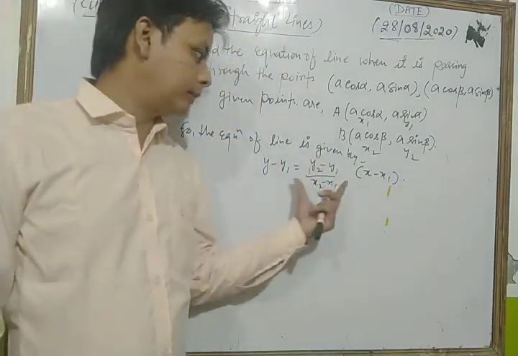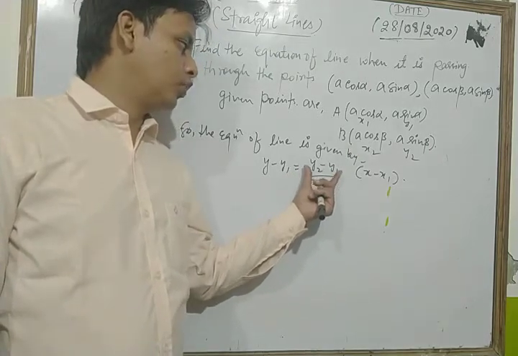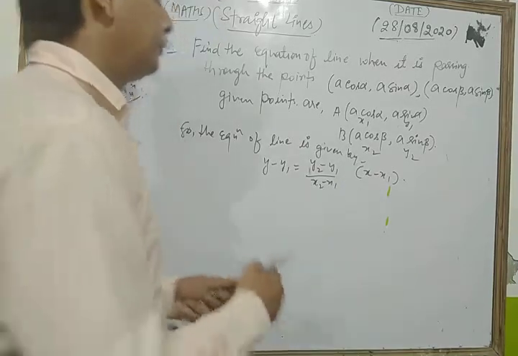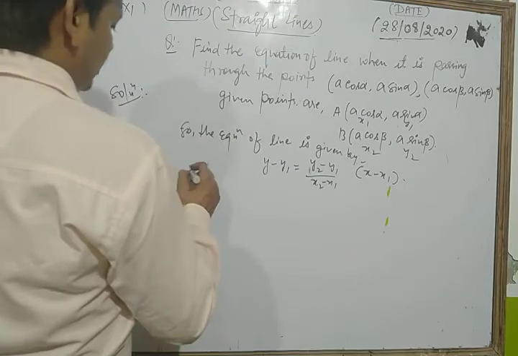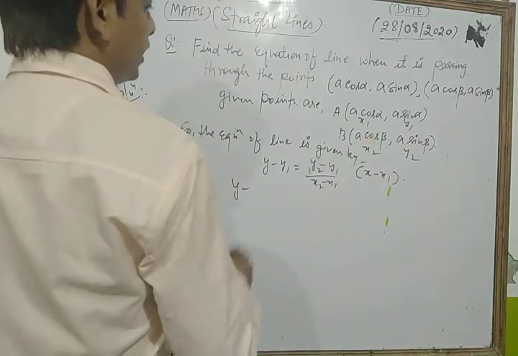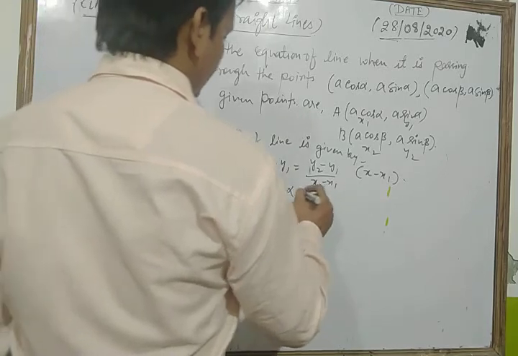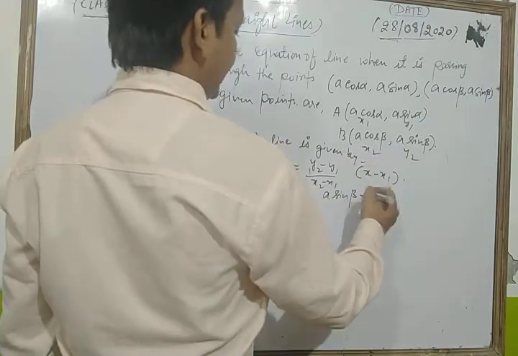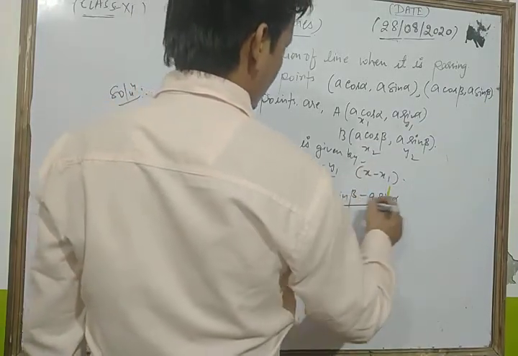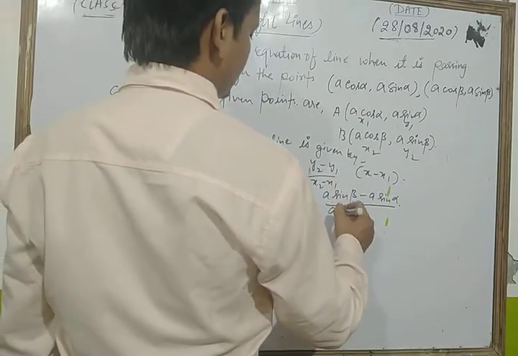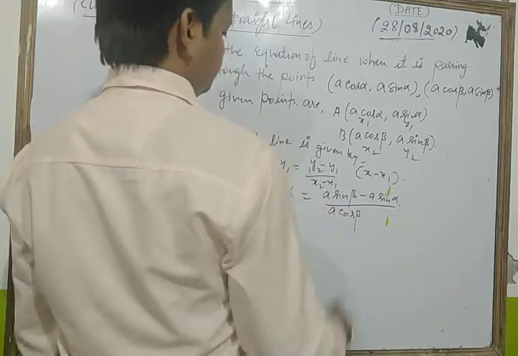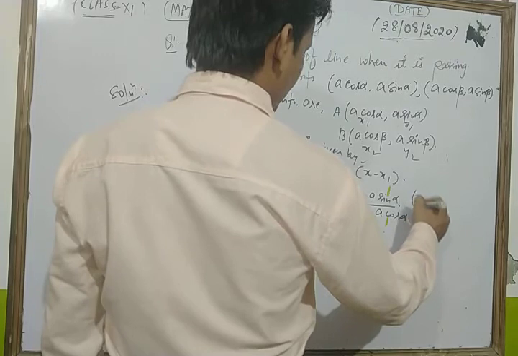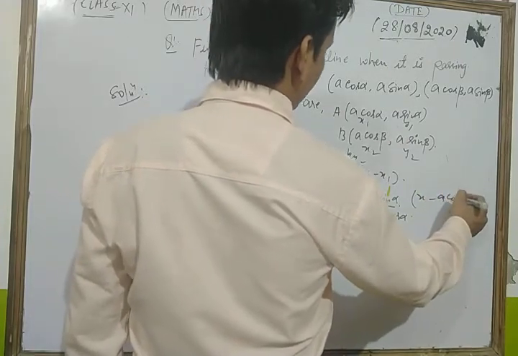Okay, now we apply the formula: y minus y1 is equal to y2 minus y1 upon x2 minus x1, in another bracket x minus x1. Now here we put the values of x1, y1 and x2, y2. We get y minus the value of y1, which is a sin alpha, is equal to y2, which is a sin beta, minus y1, which is a sin alpha, upon the value of x2, which is a cos beta, minus the value of x1, which is a cos alpha, into x minus x1, which is a cos alpha.